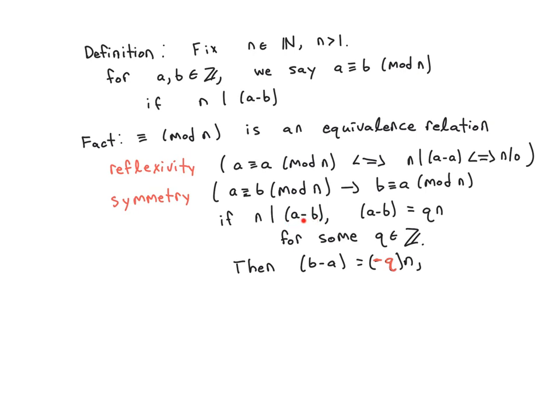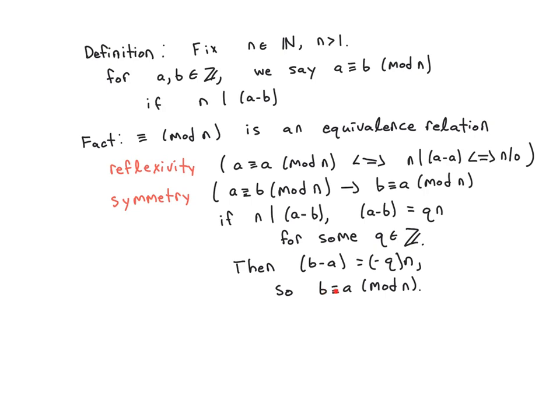Well, how are a minus b and b minus a related to each other? Well, b minus a is the negation of a minus b. And so b minus a is just negative q times n. Oh, look, negative q is an integer. Oh, so b minus a is an integer times n, which means n divides b minus a.